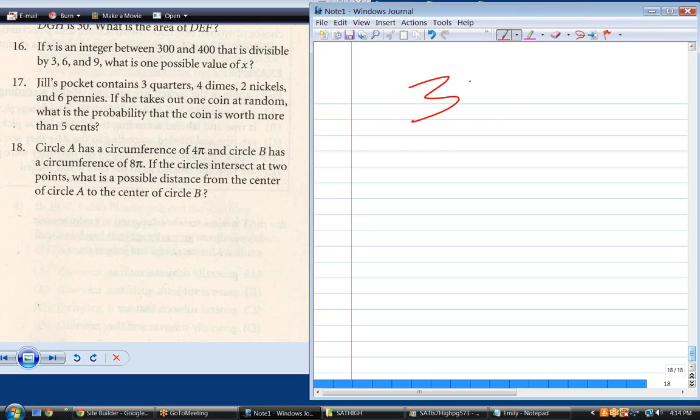Well, right offhand, 6 isn't divisible into that. I know 9 is divisible into that. 6 is not.